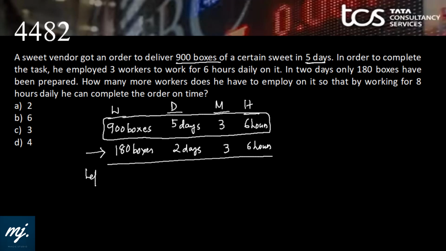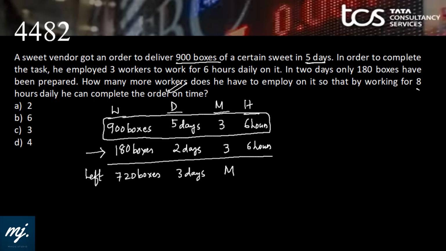Now, what is the remaining work? Work left is 900 minus 180, that is 720 boxes need to be prepared. In how many days? Since the order needs to be done on time, the work is to be done now in 5 minus 2, that is 3 days. How many men do we require? Let us write it as M because we don't know.